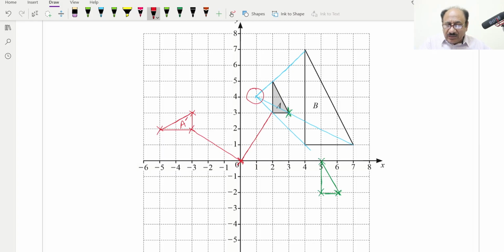This is known as the center of enlargement, and B is bigger than A. How much bigger than A? This length is 3 units, and this base, in the case of A, is 1 unit. So it means this is increased by scale factor 3, and the center of enlargement is 1 and 4.